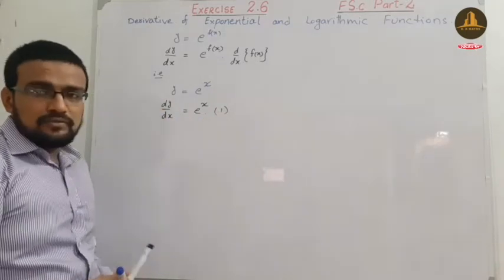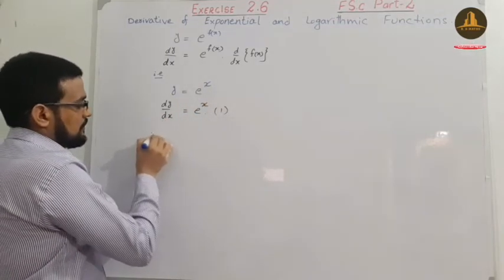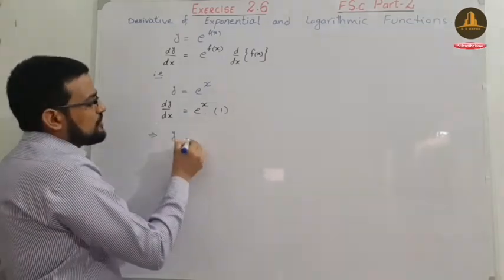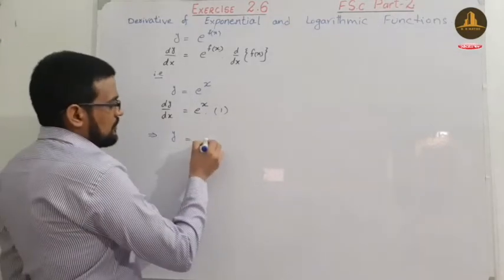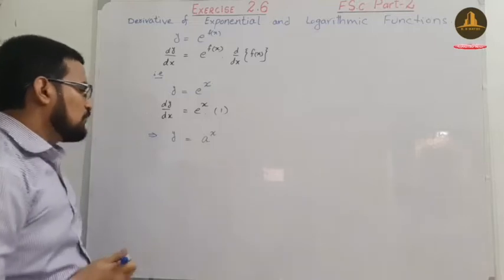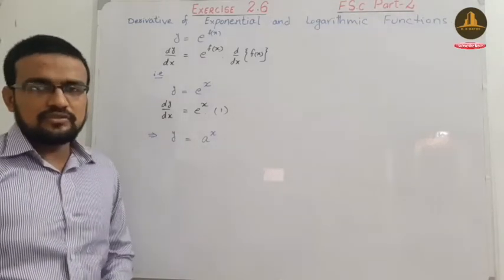And the second type of exponential function is if y is equal to a raised to power x. So what is the derivative of this type of exponential function, student?